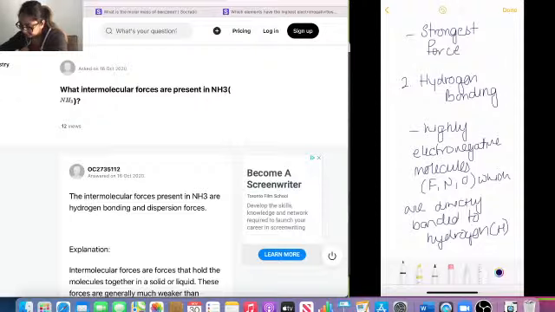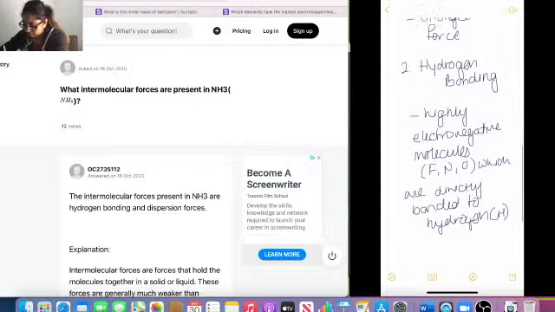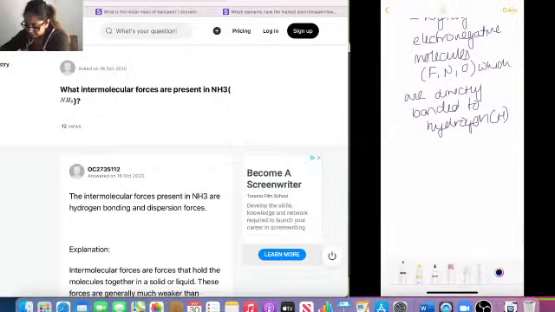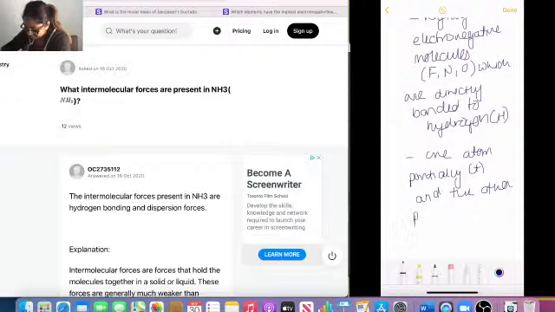And so although the bonds possess covalent character, the difference between the electronegativities of the atoms in hydrogen bonding makes the molecule partially positive and partially negative on opposite sides. So when you're dealing with electronegativity, you would have one atom partially positive and the other partially negative.